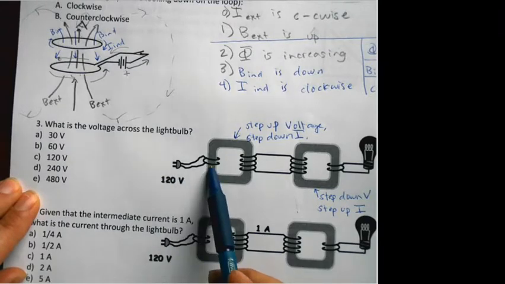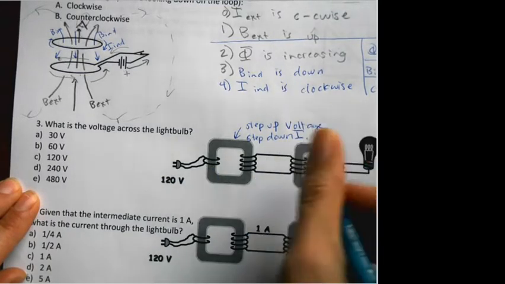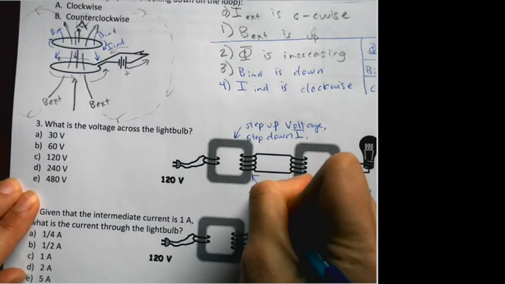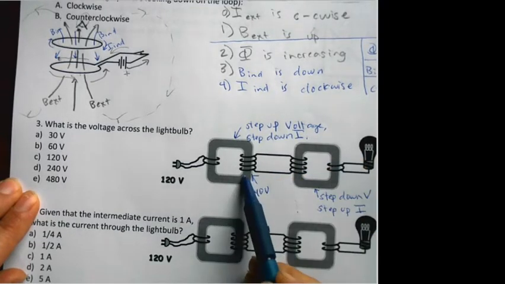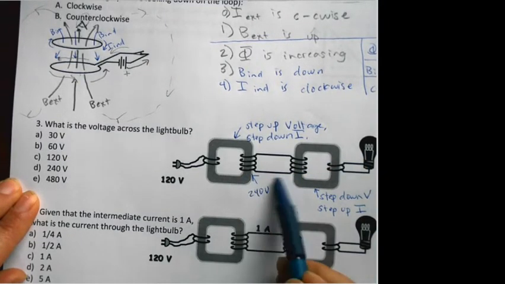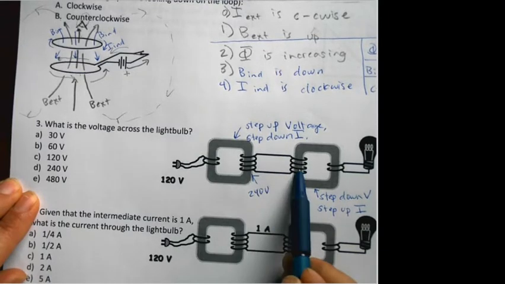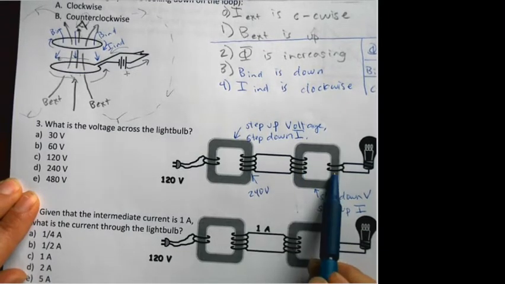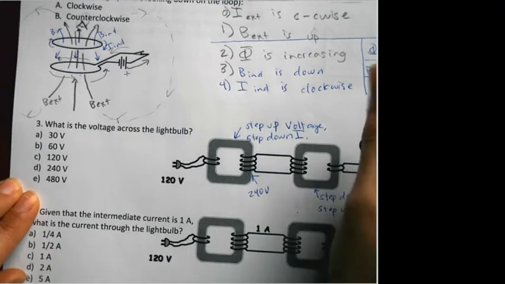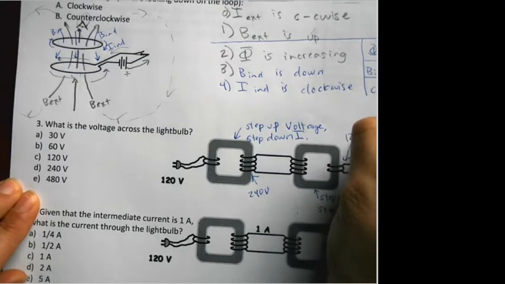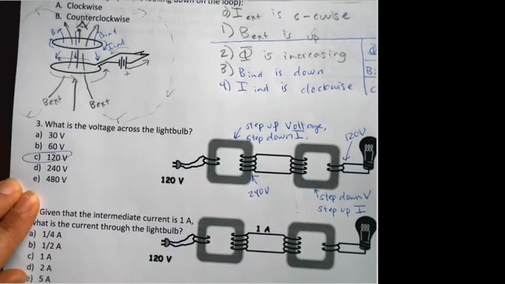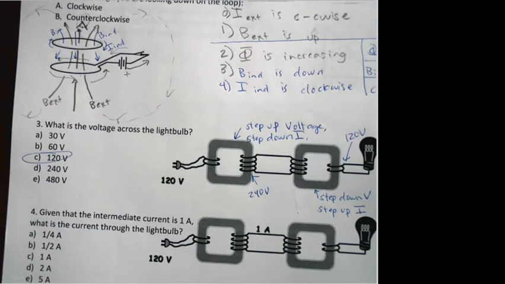So this is 120 volts, which must mean I have 240 volts here. If there's 240 volts in this whole loop, there's 240 volts on both of these. Then we step it back down to 2 loops, so this ends up back at 120 volts. We've stepped it up, then stepped it back down.